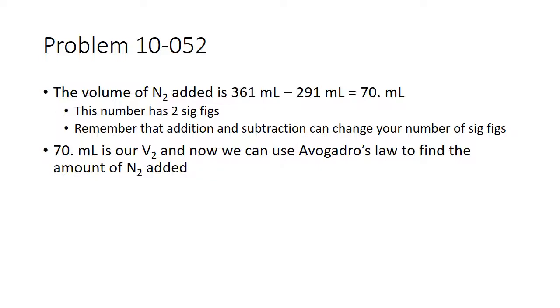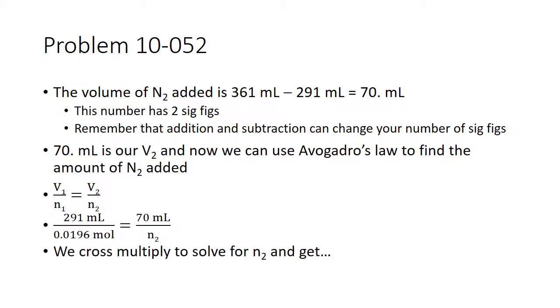We're going to use that to find the amount of nitrogen that is added. Avogadro's law again. We plug in our V1 and N1, our V2, 70 milliliters. Now all we do is some algebra. We're going to cross multiply: 291 times N2 equals 0.0196 times 70, divide by 291.